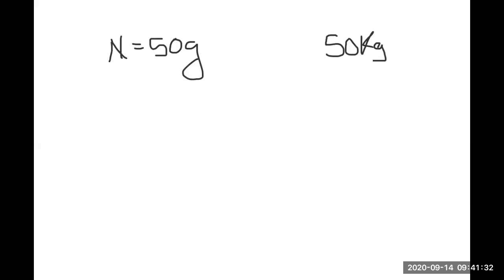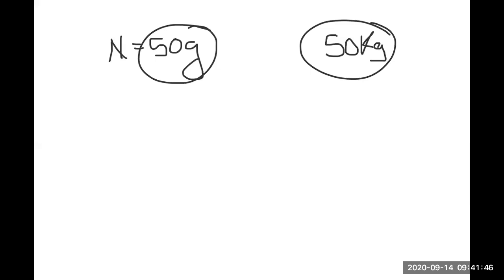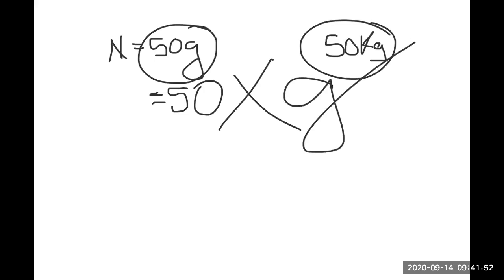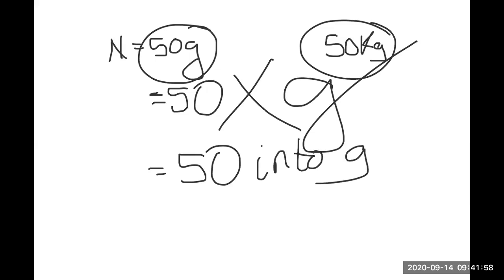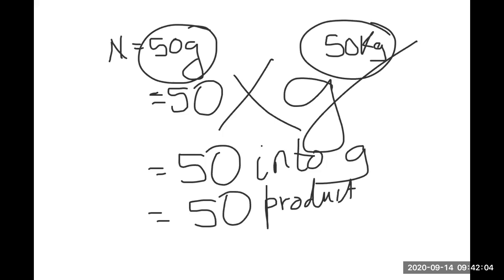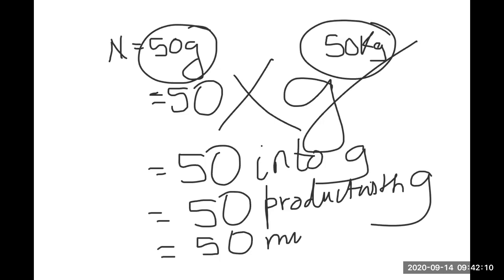Please, unless I forget, I don't write half-baked things. मैं प्रसन्ना का नाम कभी अन्ना नहीं लिखूंगा, मैं पूरा नाम लिखूंगा। ये चीज और ये चीज बिल्कुल डिफरेंट। This is equal to 50 multiplied by G. 50 into G. 50 product with G. 50 multiplied by G. क्या समझ में प्रसन्ना?